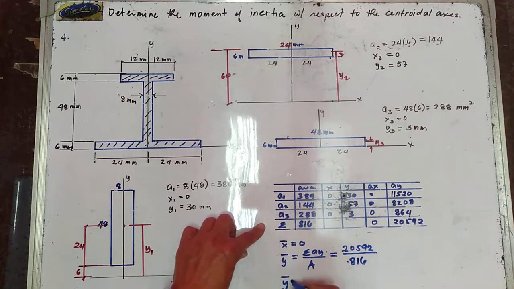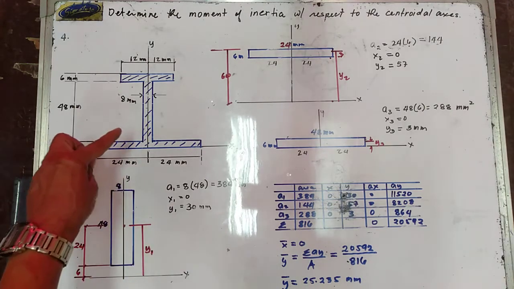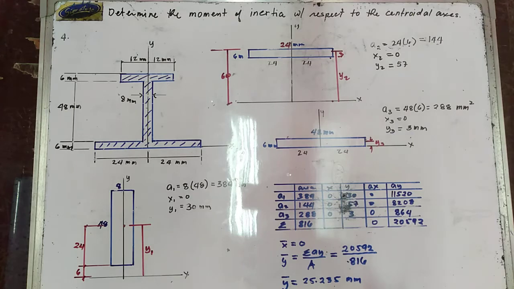So your bar y is equal to 25.235 millimeter. Now, knowing the location of the centroid, we are now ready to determine the centroidal moment of inertia.